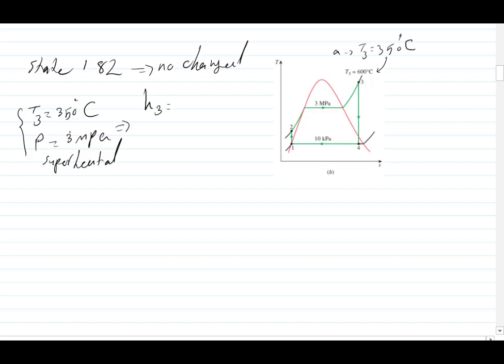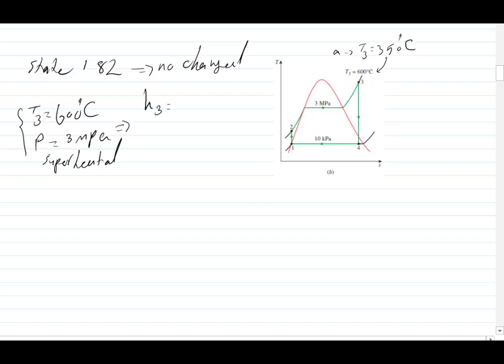Sorry, I made a mistake about this temperature. Temperature is 600 degrees Celsius, different from the part A, and also the pressure is same as the part A of the question. And we know also this is superheated water, so we need to go to the thermodynamics table and find the enthalpy for state 3 in the superheated table with this information, temperature and pressure.